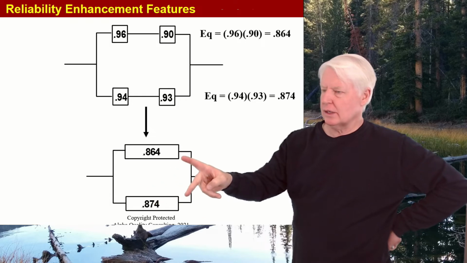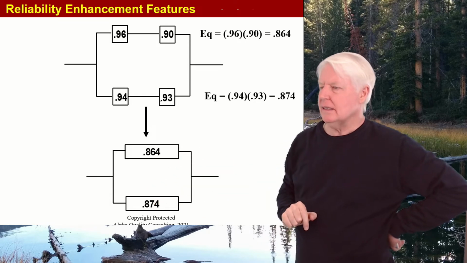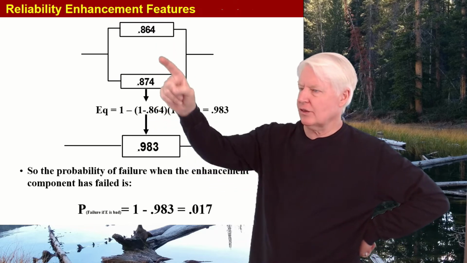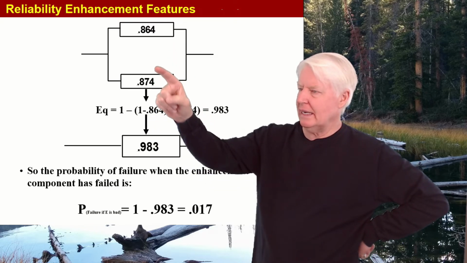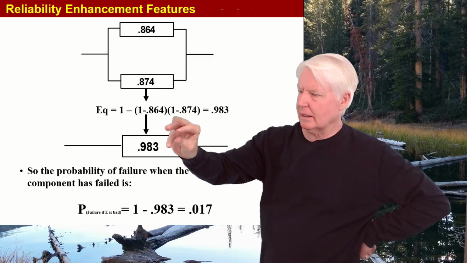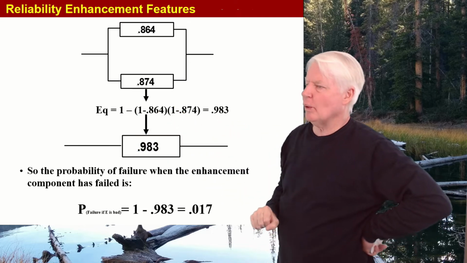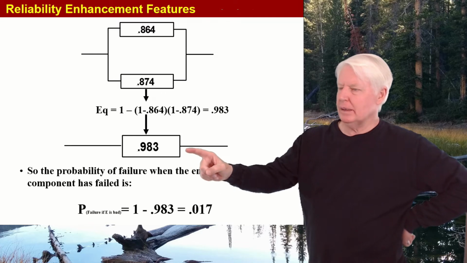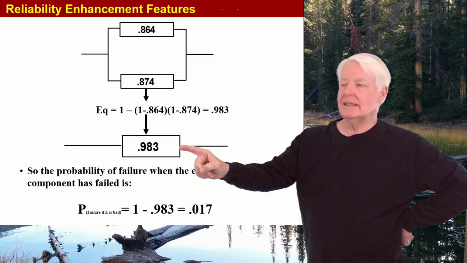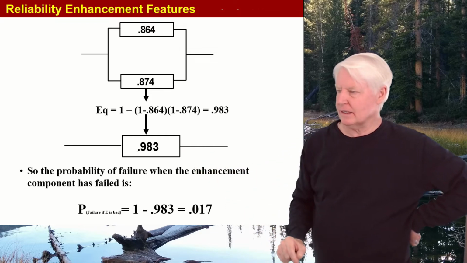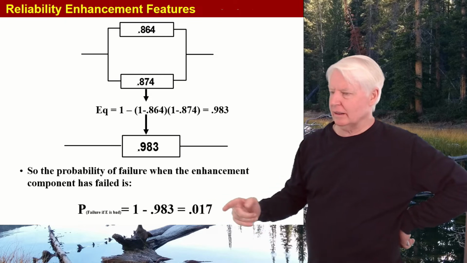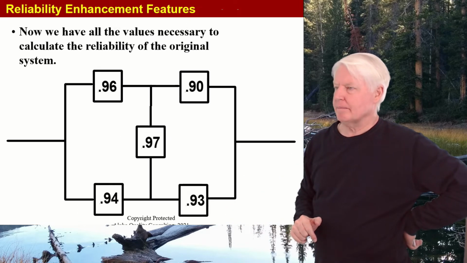I put those in their parallel places and solve accordingly: 1 minus (1 minus 0.864) times (1 minus 0.874). I take that product, subtract it from 1, and it gives me 0.983. So there's my probability of success when my enhancement is not working or is not present. The probability of failure when the enhancement component has failed is 0.017.